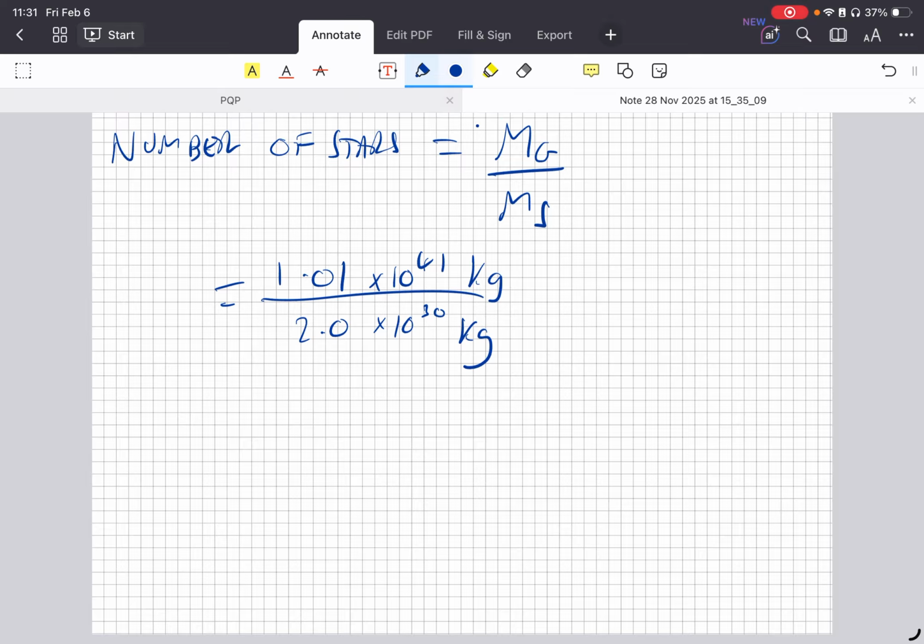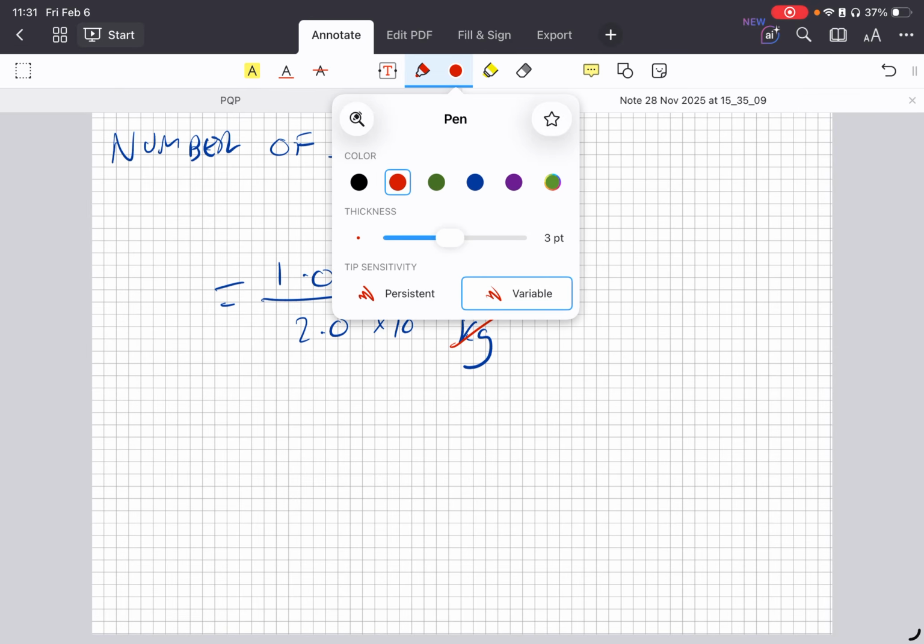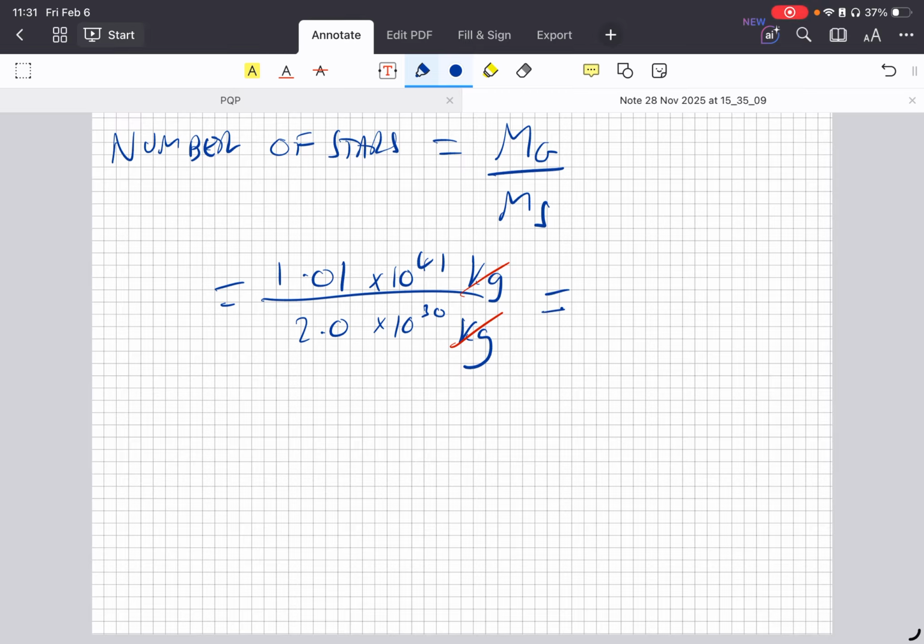Obviously the units cancel out here, which is important because we're calculating a number, so it doesn't have any units. And this comes out to be 5 times 10 to the 10 stars. That's our estimate. 5 times 10 to the 10 is 50 billion stars.